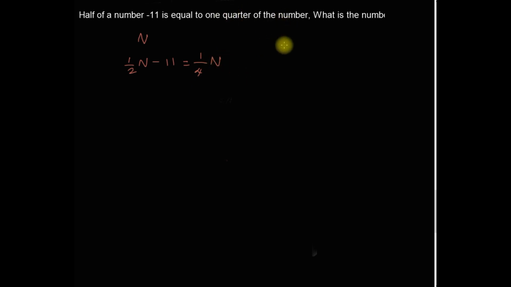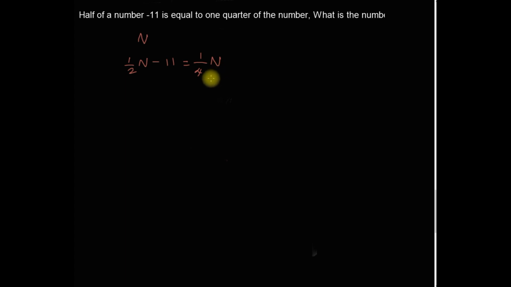This could have been worded that half a number is 11 bigger than 1/4 of the number. So depending on how the question is worded, you have to decide how you set your equation up. So here I have half a number minus 11 is equal to 1/4 of the number n.